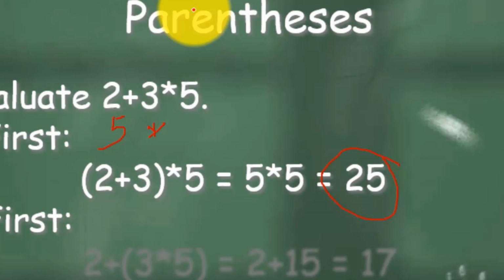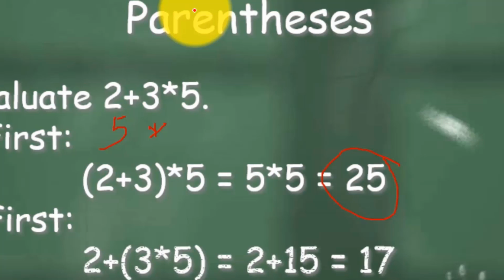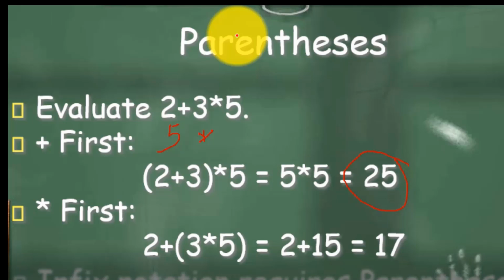However, if the asterisk is displayed first like this, the output is different. You need to multiply first inside the parentheses, so 3 times 5 is 15. And then next is added to 2. That's why we have here the answer of 17.